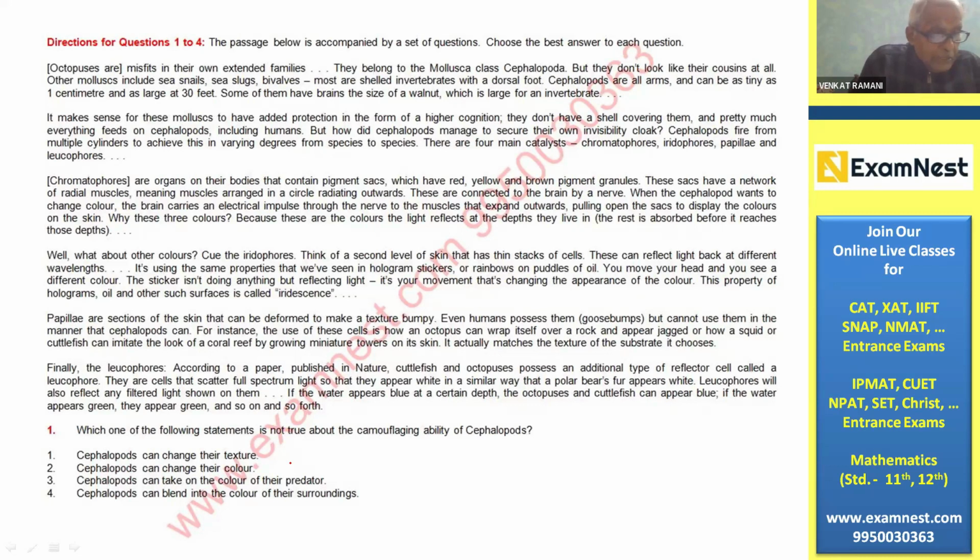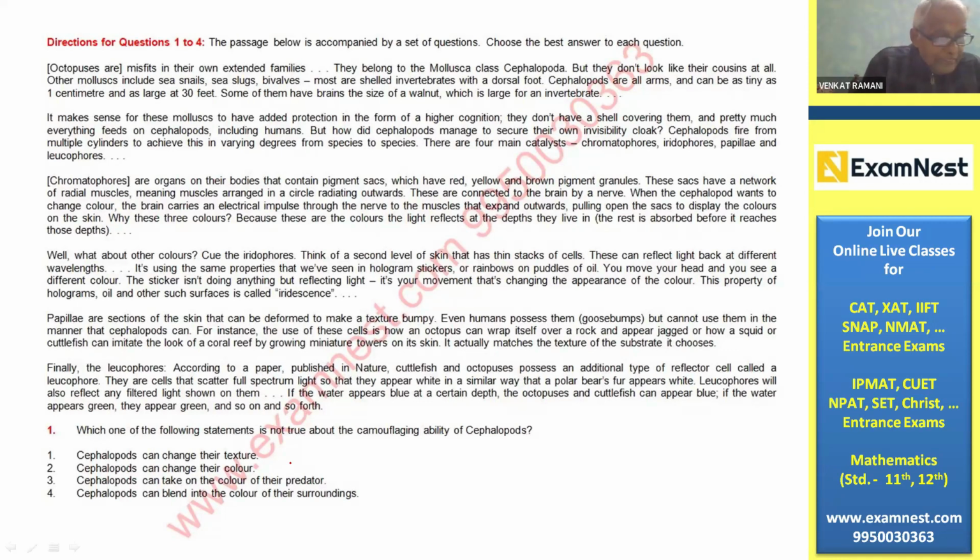It's done through the messaging that's carried to the brain, and then it can change color. The next thing is the iridophores, and the iridophores has to do with iridescence. Think of a second level of skin, he says, that has thin stacks of shell, and these can reflect light back at different wavelengths.